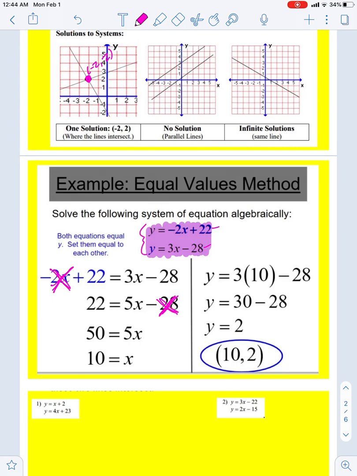So I'm going to use my second equation right here and plug in my solution for x. So y is equal to 3x, which in this case is 10. So 3 times 10 minus 28. That'll give me y is equal to 30 minus 28, and I know that y is 2. So if y is 2 and x is 10, my point is 10, 2. That is where those lines intersect.